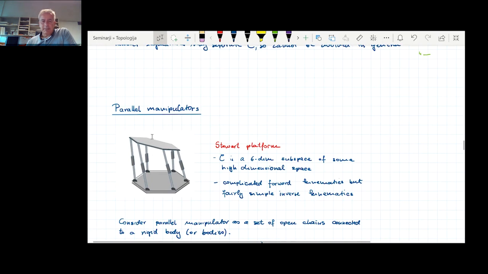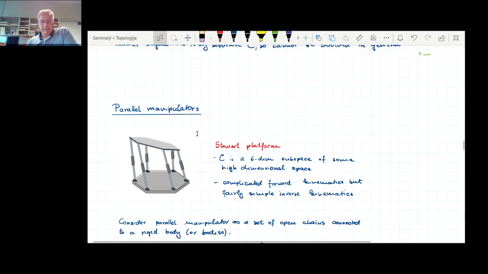So the point here is that you have a lot of joints. The possible space of joints is big, but the actual space, because of all those connections, is just a six-dimensional subspace of some really high-dimensional space. Depending on how you consider those joints, it can be like a 30-dimensional space, and you have some six-dimensional subspace, which can be essentially anything.